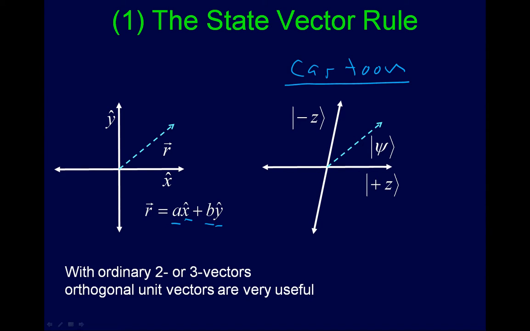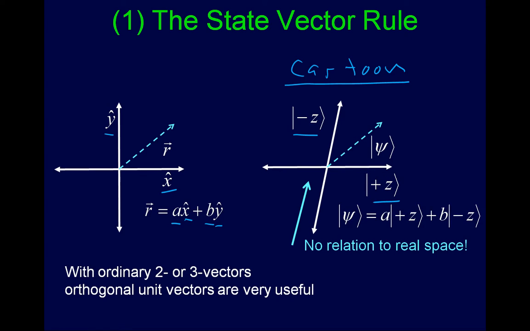This axis, and I made it not exactly at 90 degrees to emphasize this a little bit, is just in our mind. It has no actual representation. But you can think about the positive x eigenvector, and the positive z and negative z eigenvectors as spanning the space in the same way that the x and y unit vectors do.